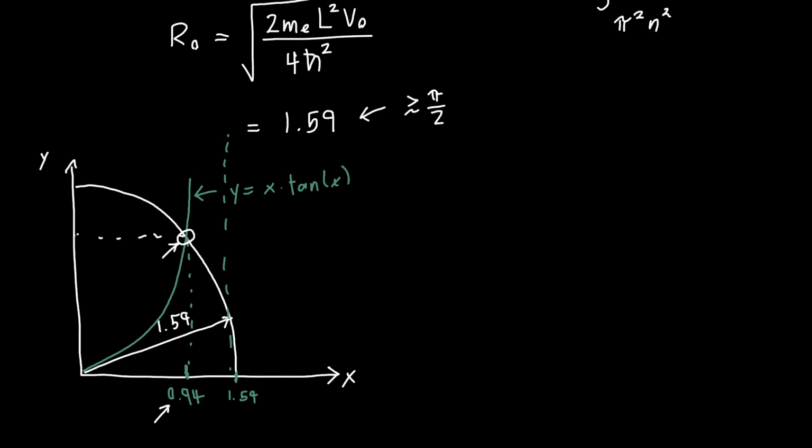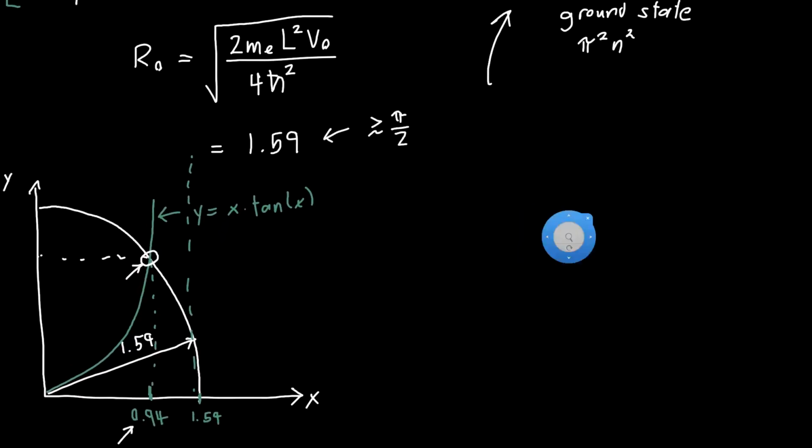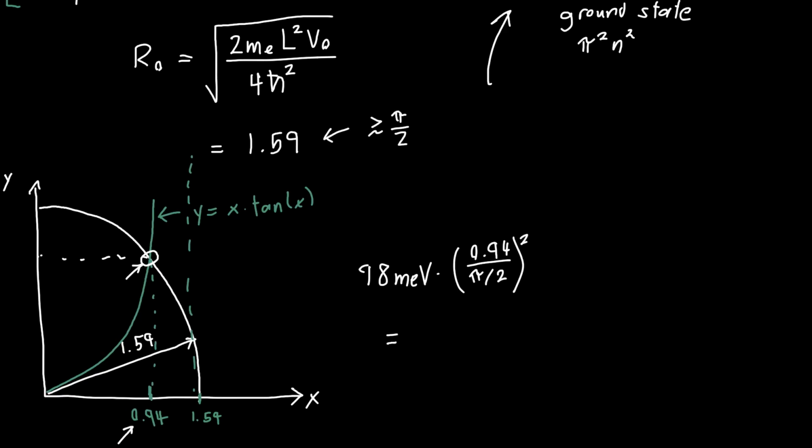If we plug 0.94 into our equation for the ground state energy, our ground state energy for the infinite potential well was 98 millielectron volts, and we divide that by 0.94 over pi over 2, squared, and we get an energy of about 35 millielectron volts.